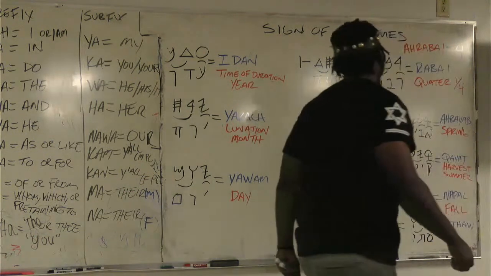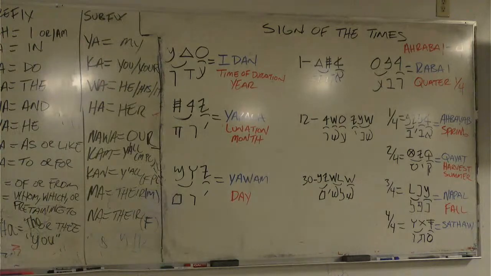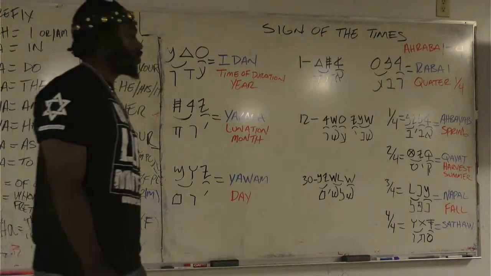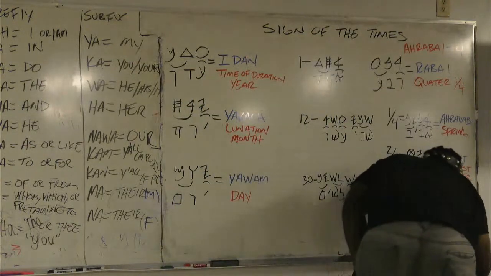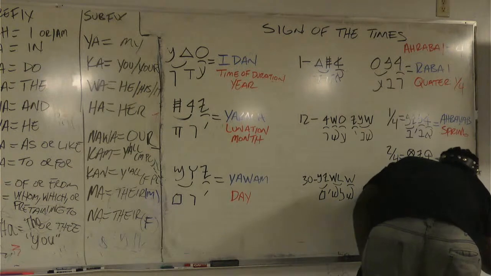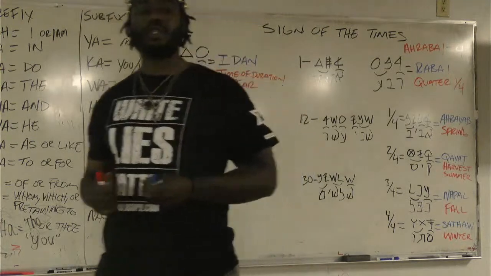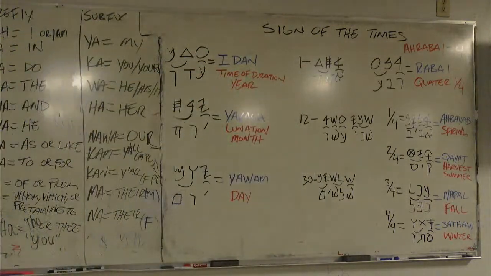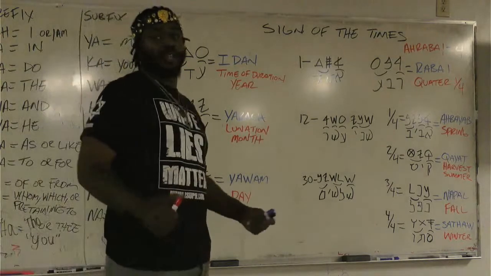All right. So the last quarter is Sathal, which means winter. The easiest way to remember this season, which made it easy for me, was that part of the word has thaw in it. You thaw out.